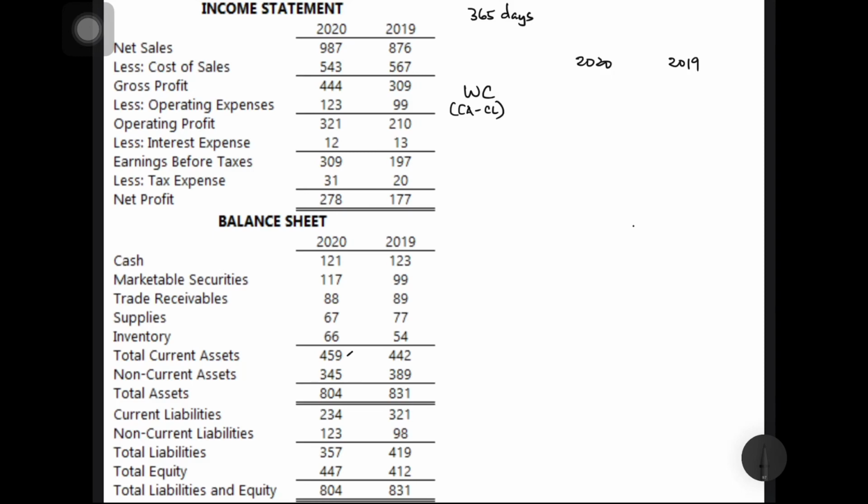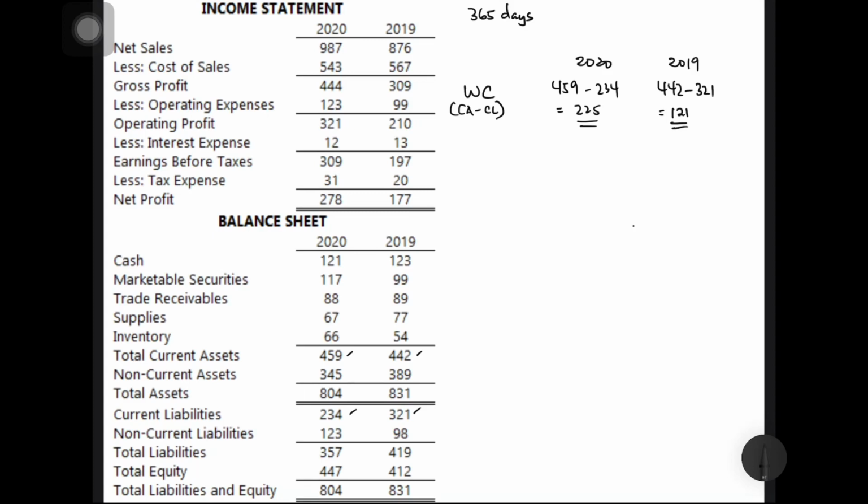Current liability is 234. So here, 459 minus 234. Answer is 225. How about for 2019? This is your current asset, while this is your current liability. So 442 minus 321, answer is 121.